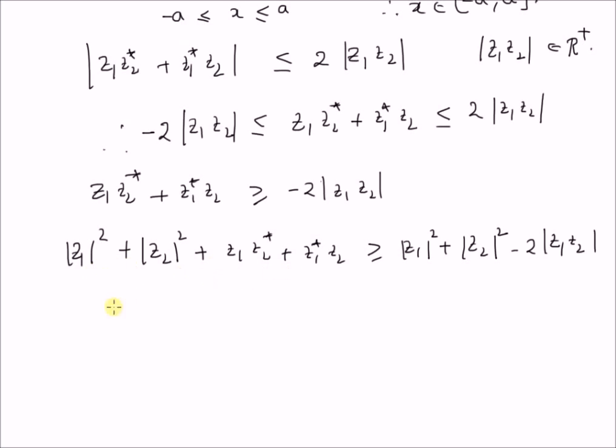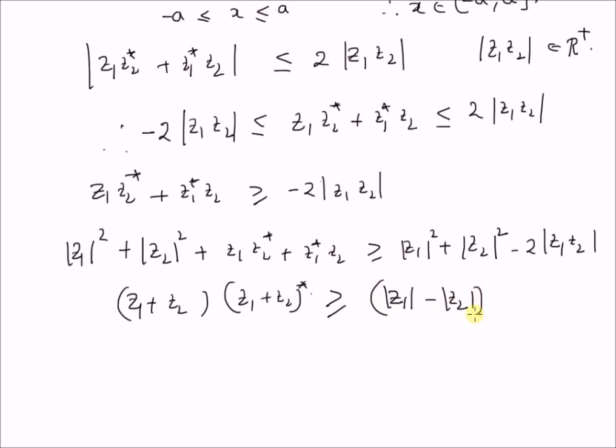The sum on the left side can be easily written as z1 plus z2 multiplied by z1 plus z2 conjugate. And the sum on the right side can be written as (a - b)², where a is |z1| and b is |z2|. So this is (|z1| - |z2|)².